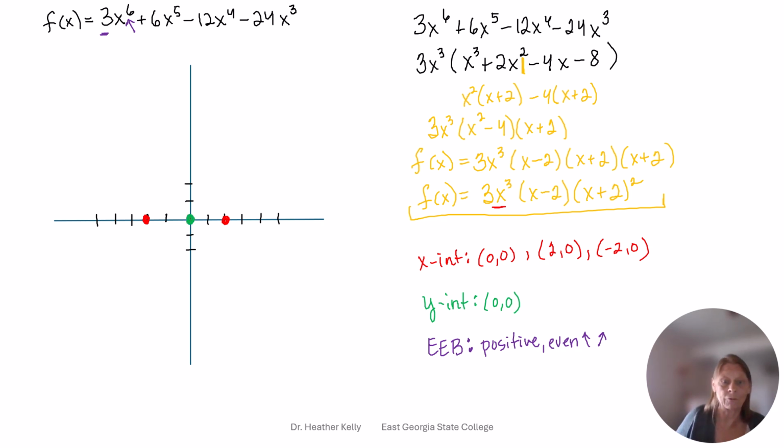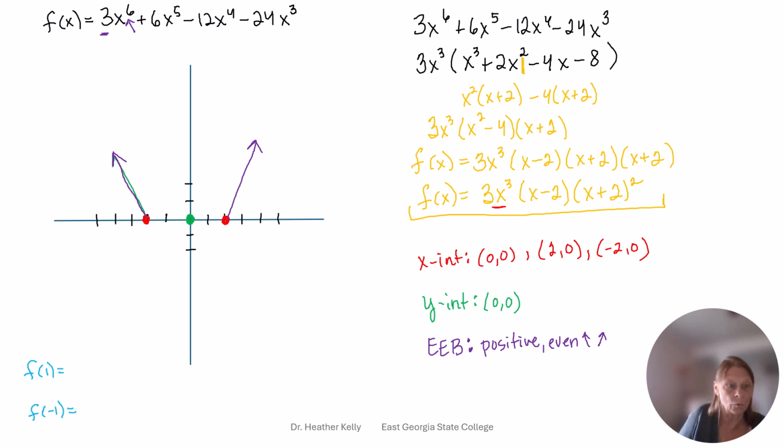So it looks like we're going to have to figure out what's happening in a couple of places, but not terrible. Our extreme end behavior is up from, oh, I thought I changed my color. I did not. Up from the left and up from the right. And it looks like we're going to need to find what f of 1 is equal to and what f of negative 1 is equal to.